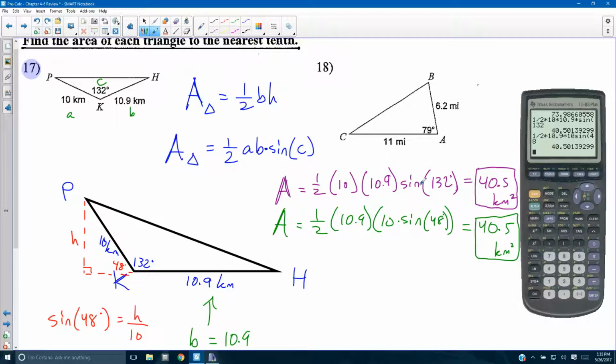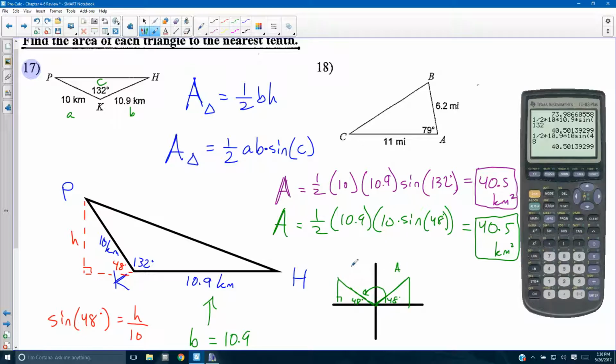Number two, sine of 132 and sine of 48 are the same number. Looking at a set of axes, 48 degrees goes 48 up from 0. 132 goes over here, and the terminal side is 48 degrees up from 180. These are supplementary.